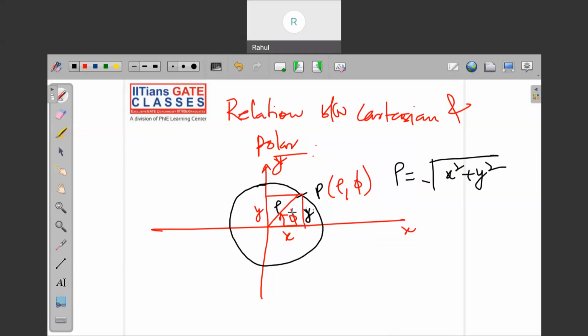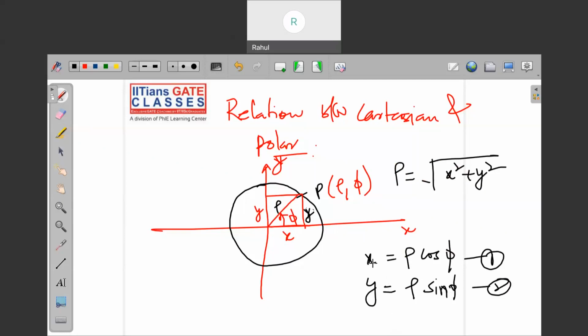The relation between Cartesian and polar: x will be rho cos phi, and y will be rho sin phi. This is our first equation, this is our second equation, and if you take the square of them and add, you will get rho equal to under root x square plus y square. So you can say this is 3.